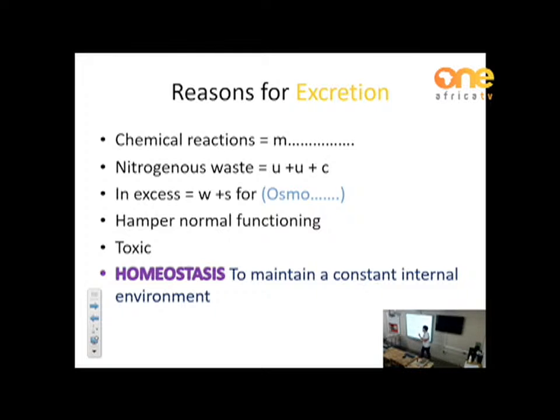Now, a word that we need to remind ourselves again: homeostasis. The kidneys need to help the body to maintain a constant internal environment. In order to get rid of waste and to regulate the water levels in the body, it helps my body to maintain a constant internal environment, which we call homeostasis.